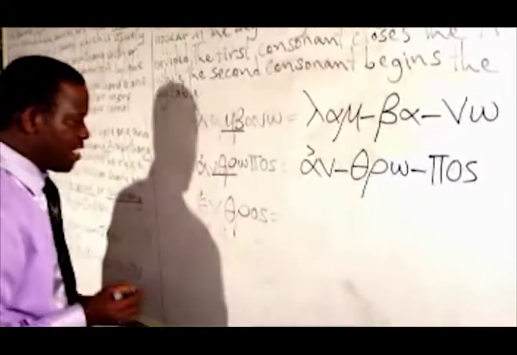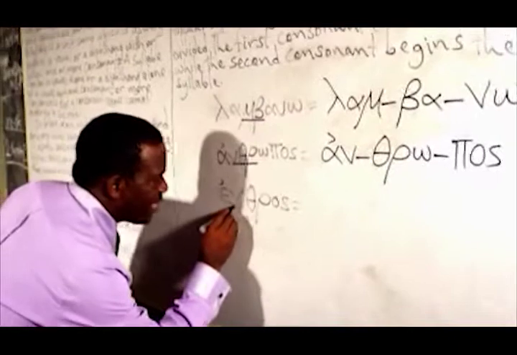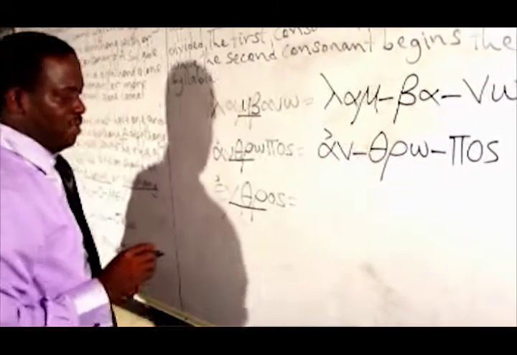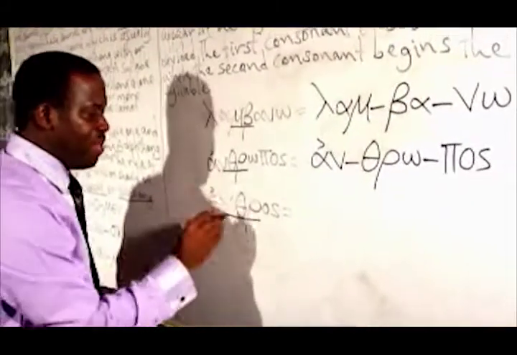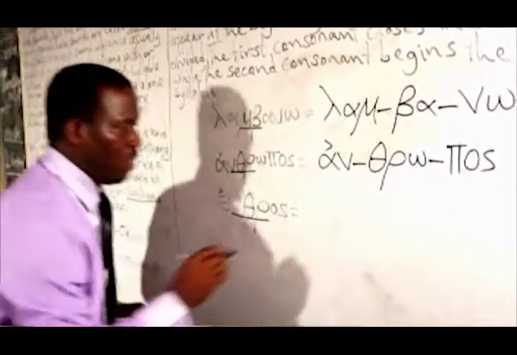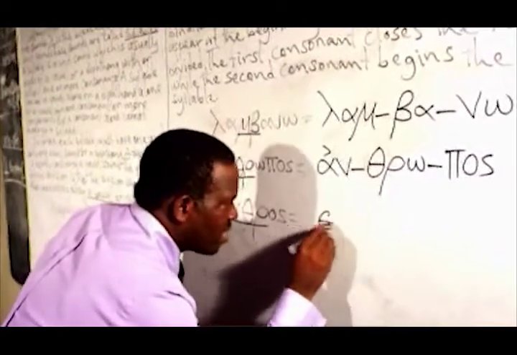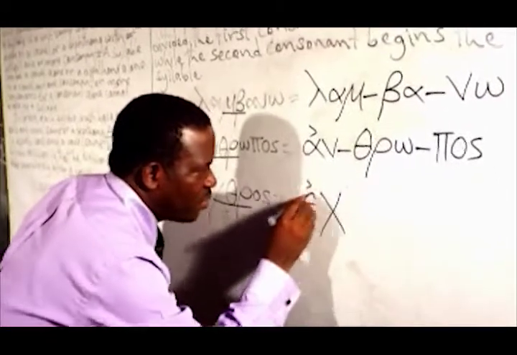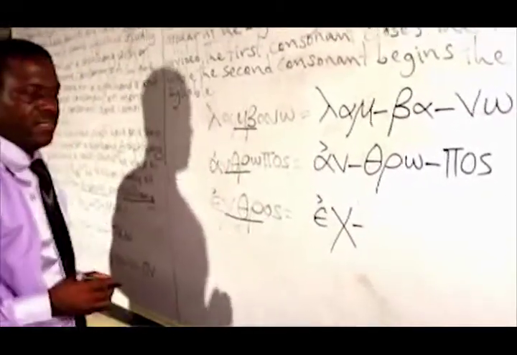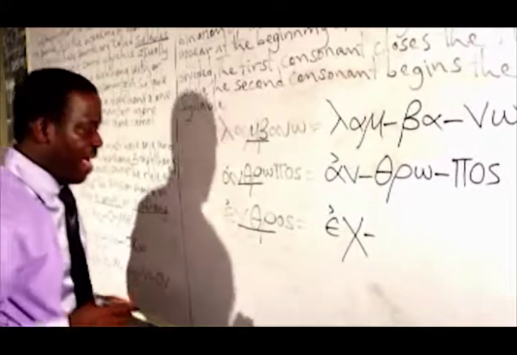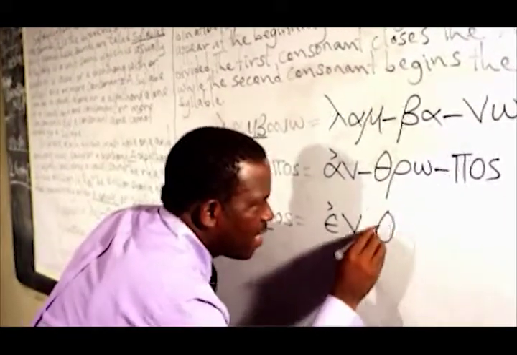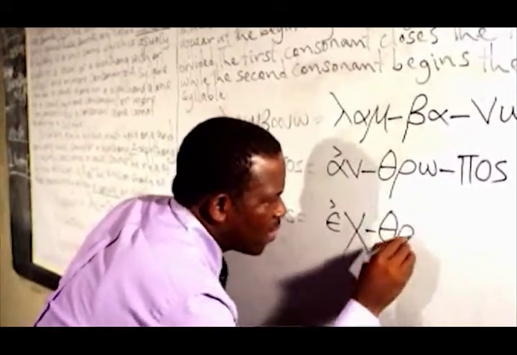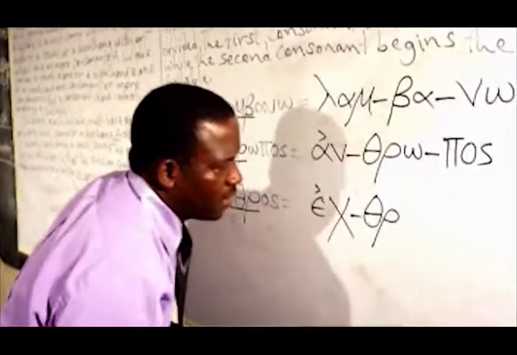The last example here also has three consonants appearing consecutively in the middle of the word. So they must be split. The first one will go with the first syllable: ek. Theta and rho can go together.